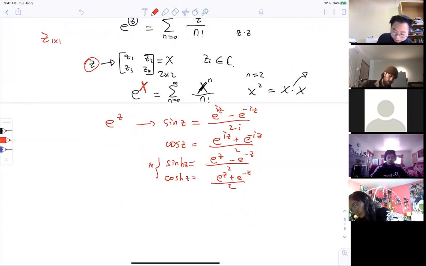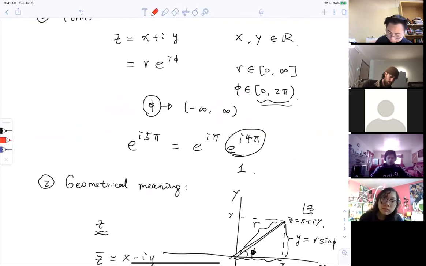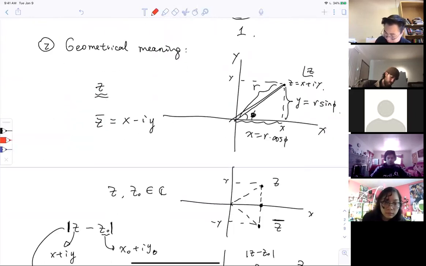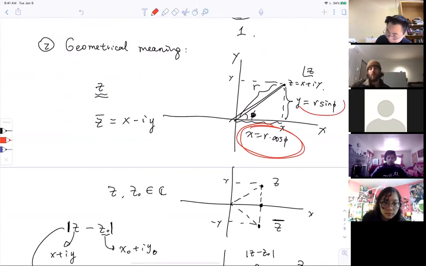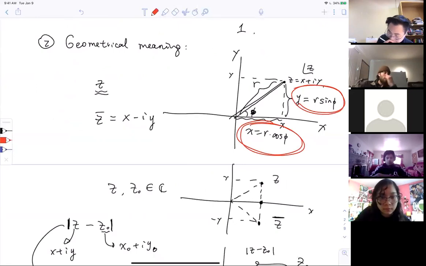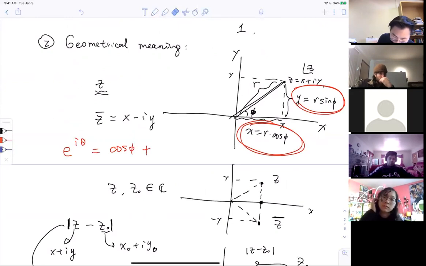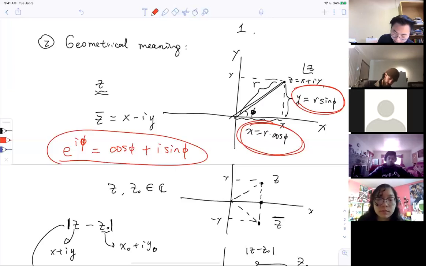Anyway, if we have this, we can actually prove the relation we used before, the one I wrote down somewhere here: exponential i theta equals cosine phi plus i sine phi.